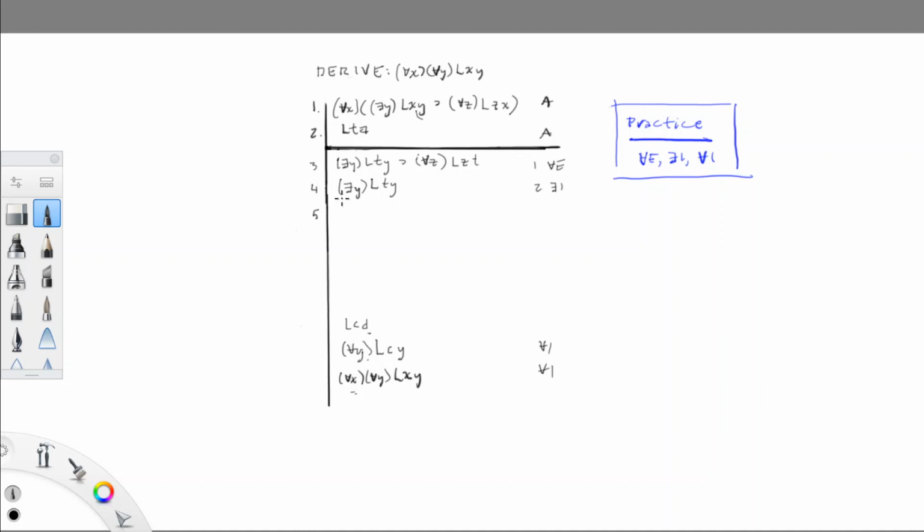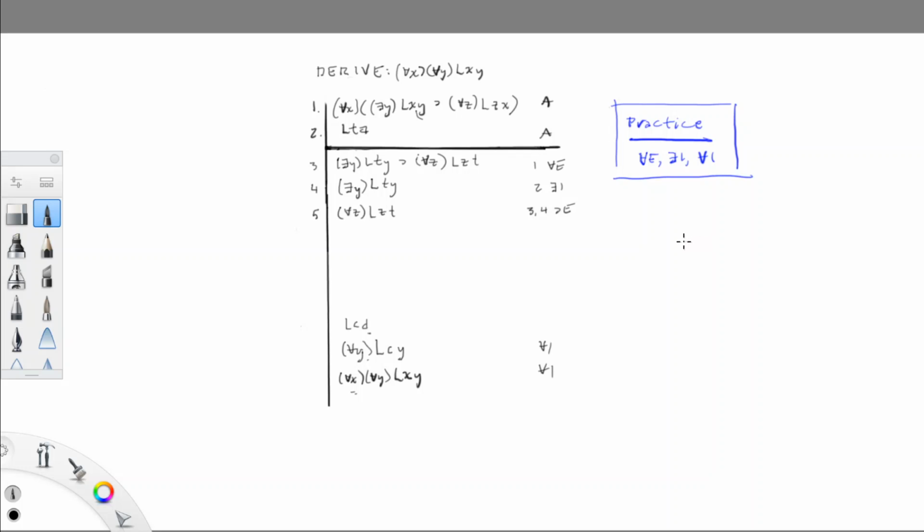So I'm going to go ahead and apply that: for all Z, L, Z, T. That comes from lines 3 and 4, conditional elimination.